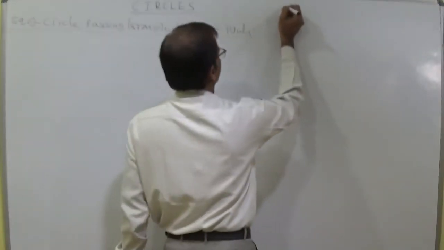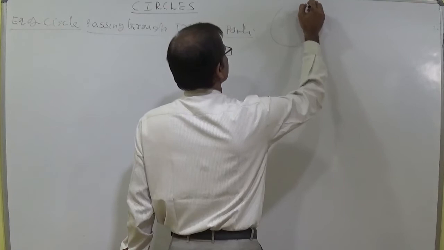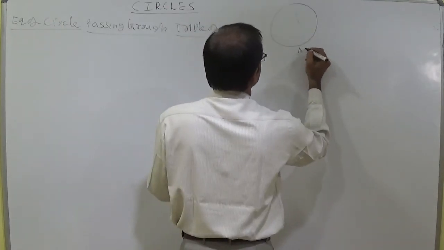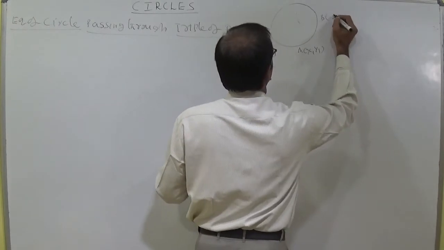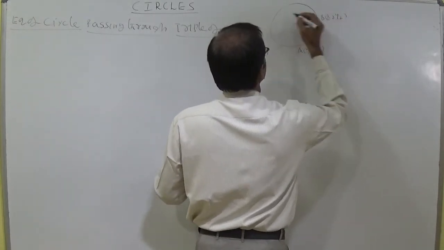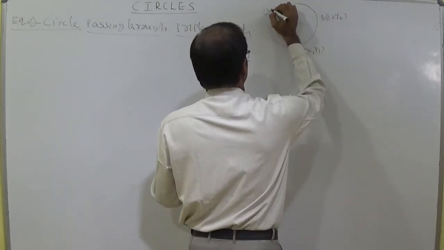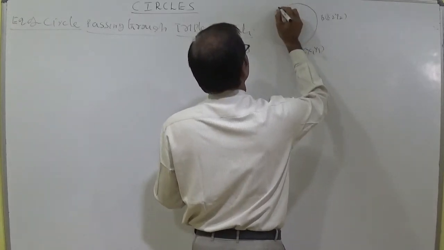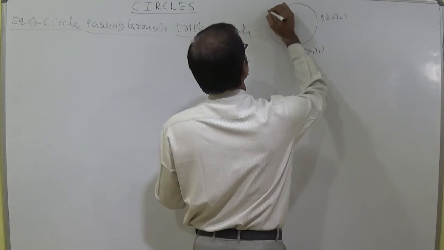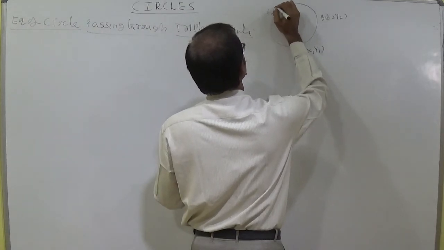That means the given circle is passing through 3 points like this: A (x1, y1), B (x2, y2) and C (x3, y3).